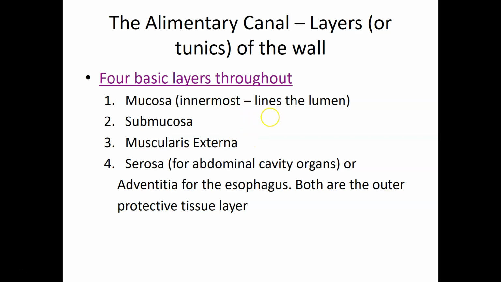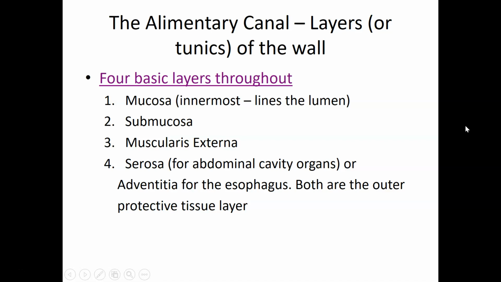The mucosal layer is supported by a submucosal layer. That makes sense from the terminology. Submucosa is beneath the mucosa from the perspective of being in the lumen. Wrapped around both of those is a muscularis externa, which is a smooth muscle layer. And then wrapped around all of those is a serous membrane, or serosa.